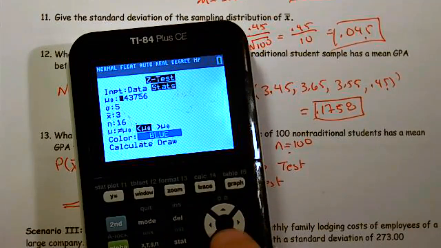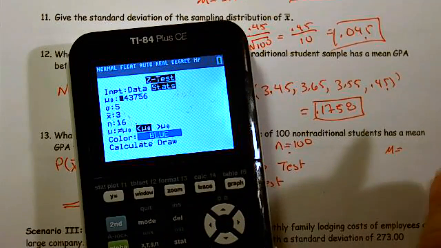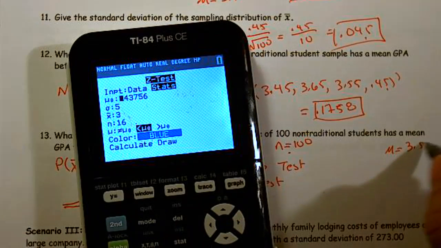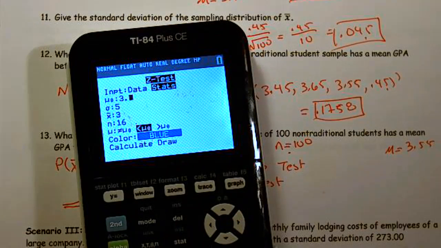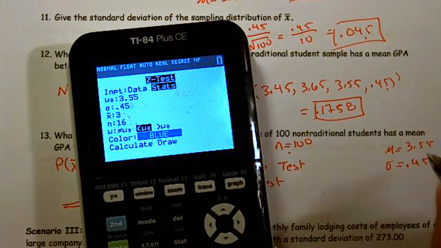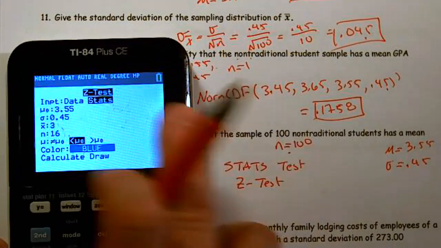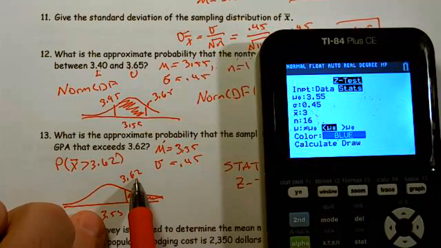It asks for the mean. Well, the mean in this case was 3.55. The standard deviation in this case was 0.45. We want to know if x bar is going to be greater than that 3.62.